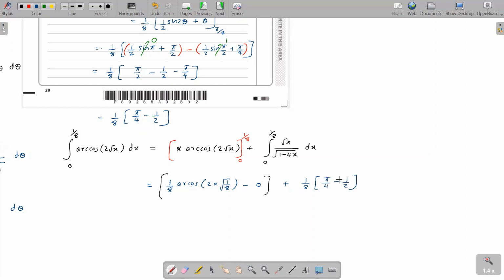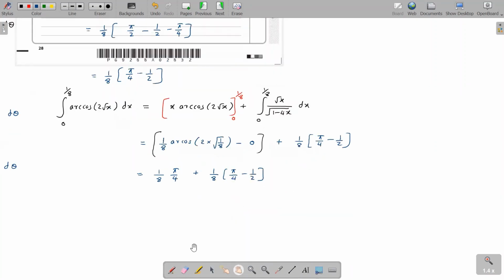So can I know how much is arc cos 2 into 1 over root 8? Arc cos 2 into 1 over root 8 is arc cos root 2 over 2, which is pi over 4. So it becomes pi over 4 plus 1 over 8 times pi over 4 minus half.